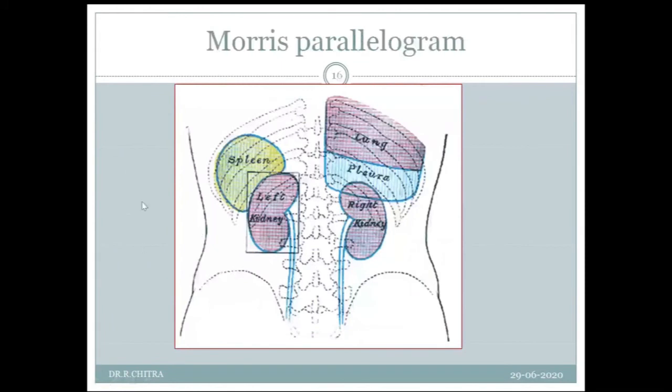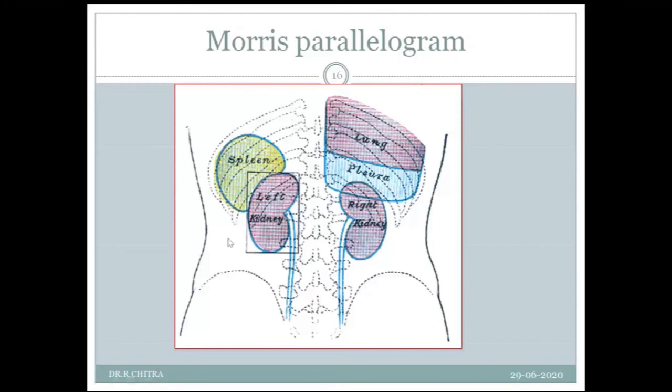Morris parallelogram is how to surface mark the kidneys on the posterior side. Take two points, 2.5 centimeters and 7.5 centimeters, opposite the T12 vertebra. Take another two points, 2.5 centimeters and 7.5 centimeters, opposite the L3 vertebra.